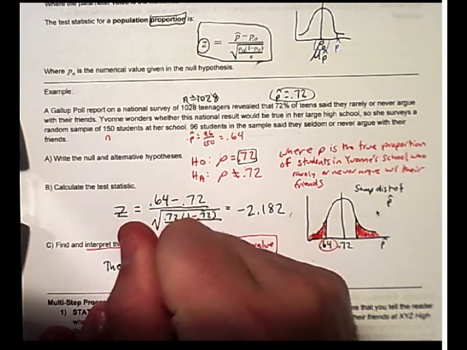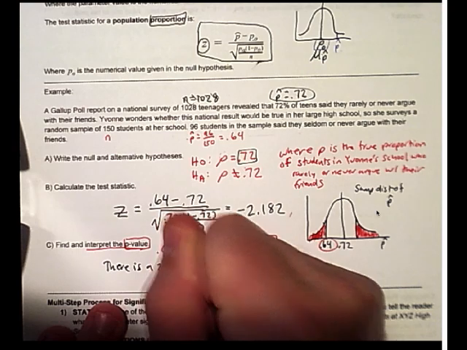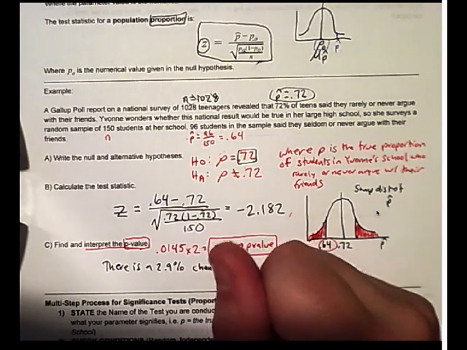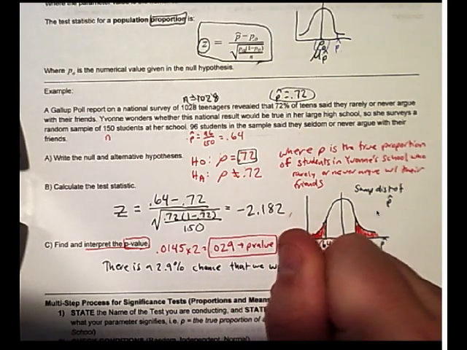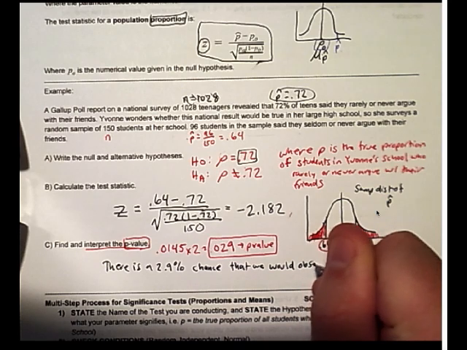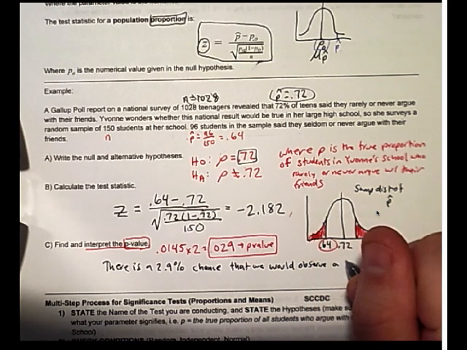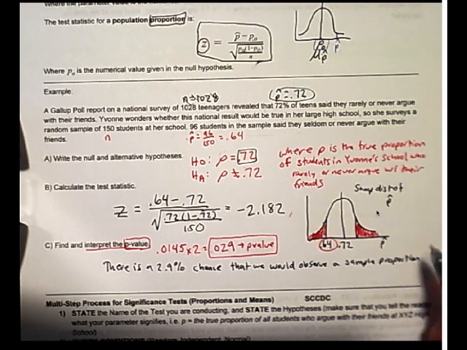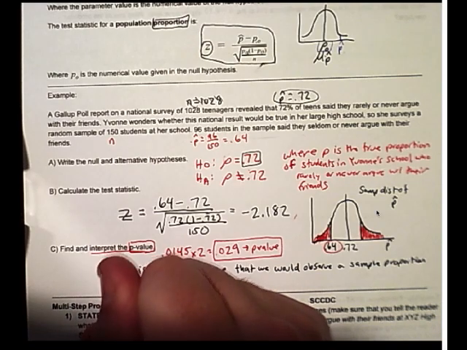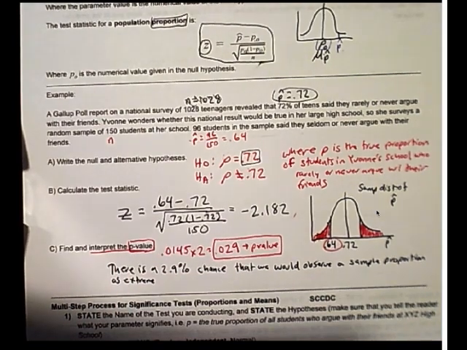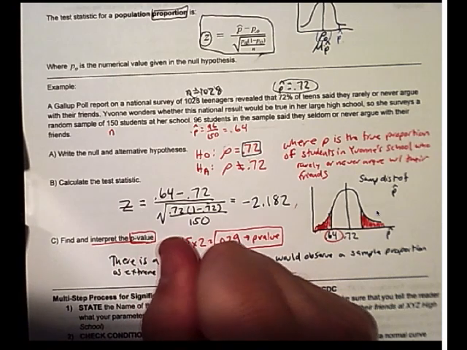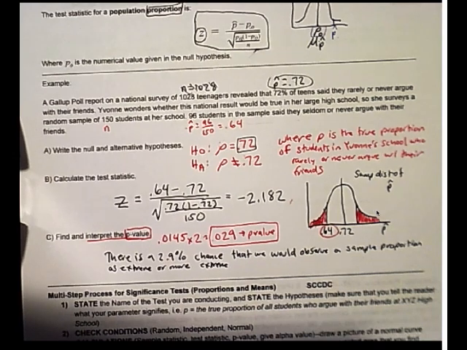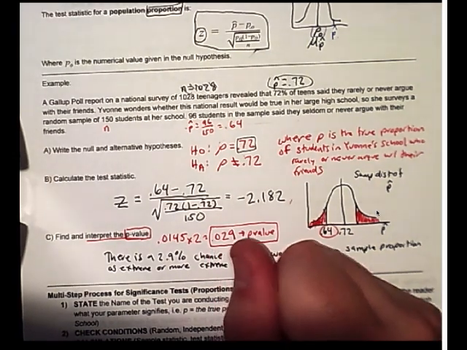There is a 2.9% chance that we would observe a sample proportion as extreme or more extreme than that observed.